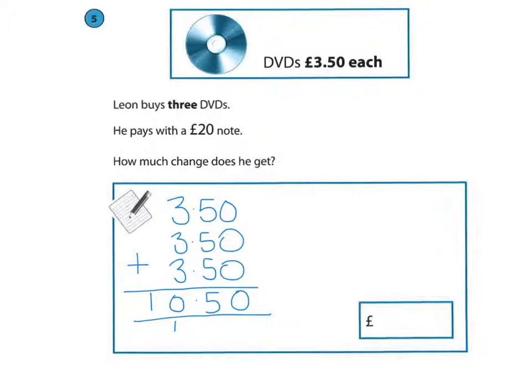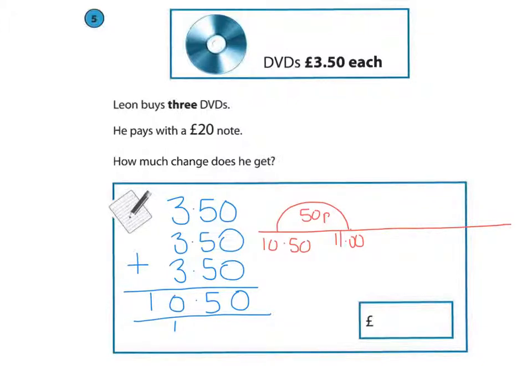To work out the change, I'm going to draw a number line. I'm going to start with £10.50. I know that a jump of 50 pence takes me to £11. I'm then going to jump along until I get to £20.